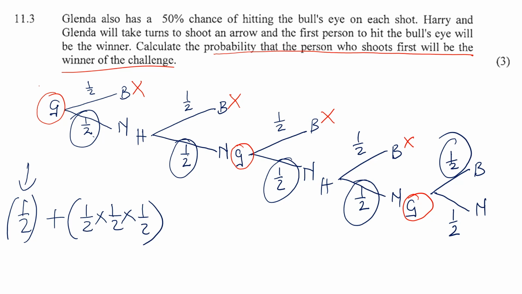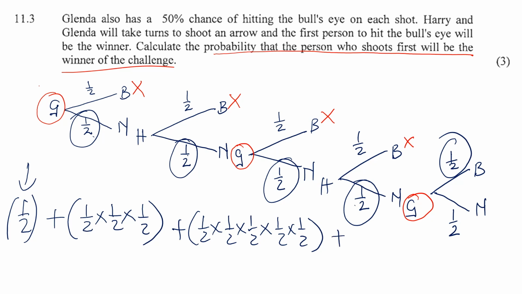Because she's our first person, the probability that she'll beat when we call her for the third time is 1/2 times 1/2 times 1/2 times 1/2 times 1/2.